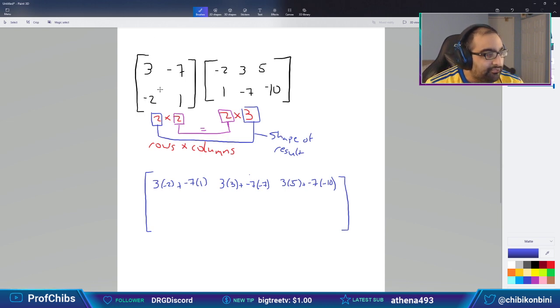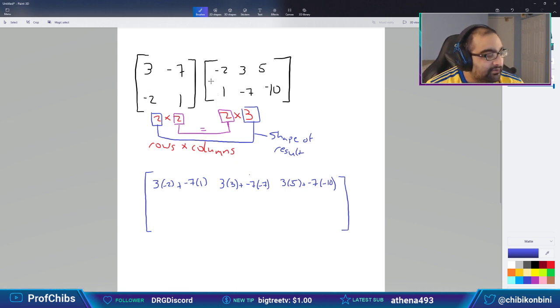So again, for this one I did the first row, first column. That's where I did 3 times -2 plus -7 times 1. You're multiplying each of the respective spots and adding up the results together.